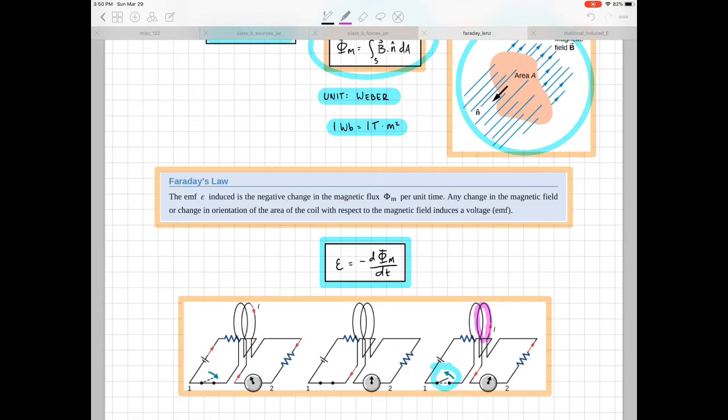There was a magnetic field pointing through the loop, and now there isn't. So that means you need an induced current to produce a B field that opposes the change. So the B field originally was pointing to the right. Open the switch, the B field goes away, so the induced B field needs to point to the right. That means you need an induced current going around in that direction.